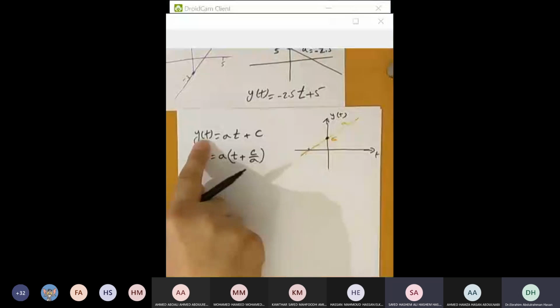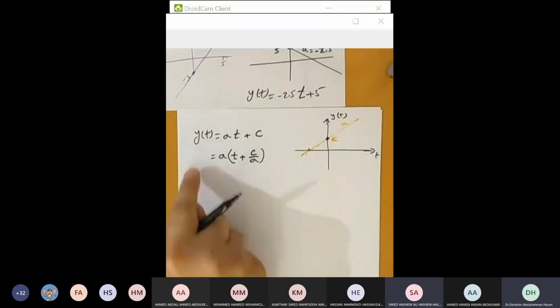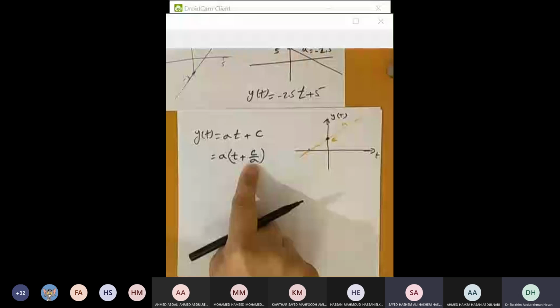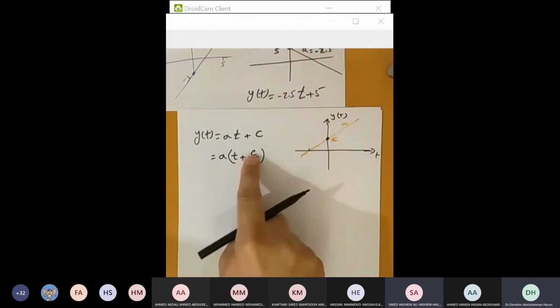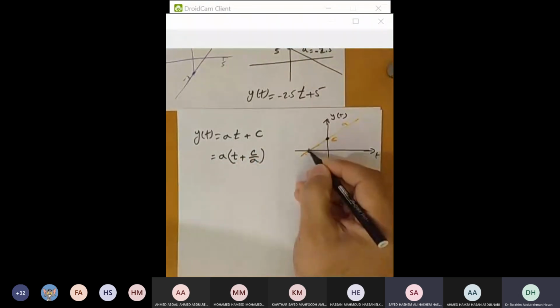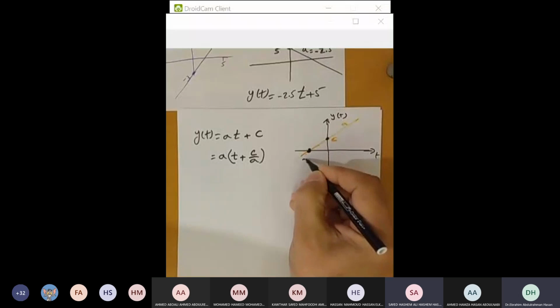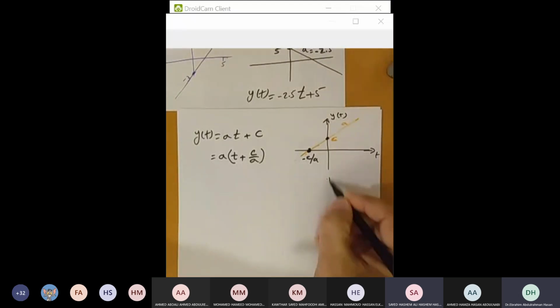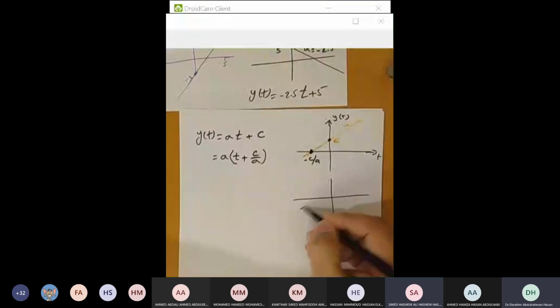But when y equal to 0, then I have t plus C over A equal to 0, then t equal to minus C over A, which means that this point is minus C over A. Nice, this.